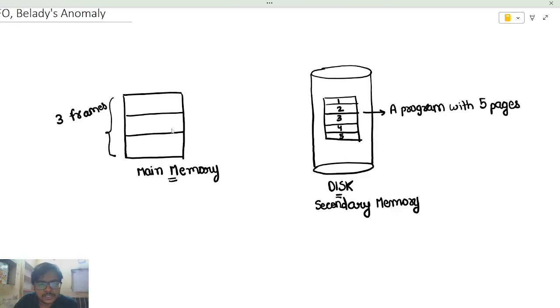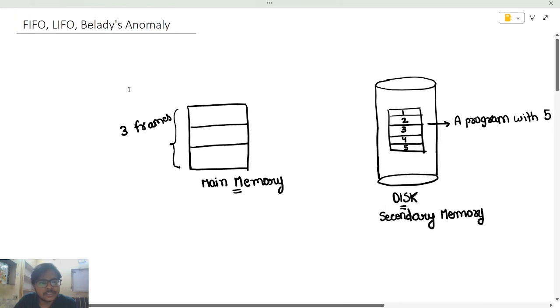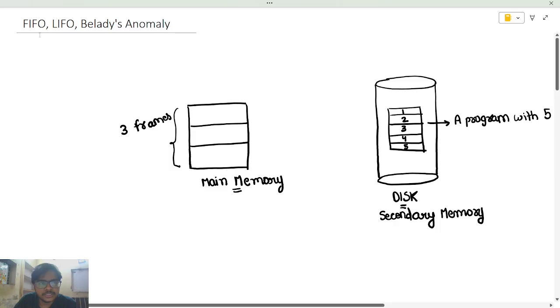So if all 3 frames are currently owned by pages, then the next page will replace which of the existing pages here? For that we will be studying two strategies, FIFO and LIFO, first in first out and last in first out.